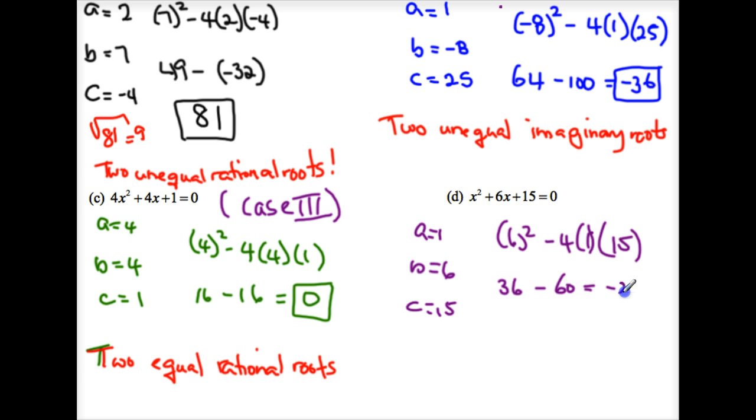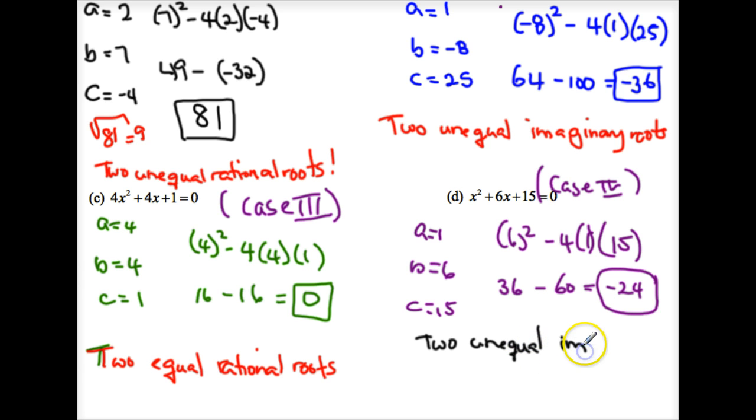This will be equal to negative 24. So here again I have a case 4, when it's less than 0. Because it's less than 0, I know that I will have 2 unequal imaginary roots.